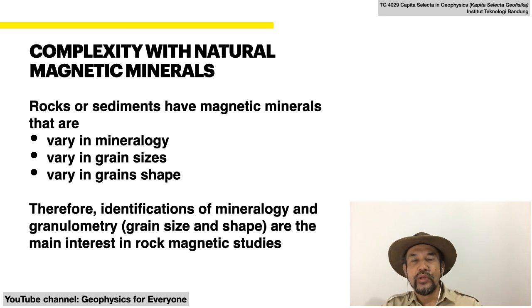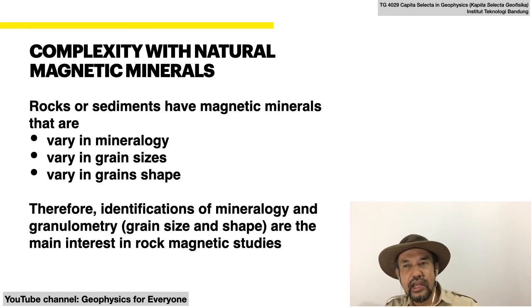Now, when we deal with natural magnetic minerals, there's some complexity. Within particular sediments or rocks, there may be various magnetic minerals. So you could have magnetite and hematite in the same rock, for example.